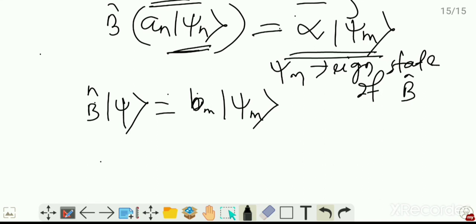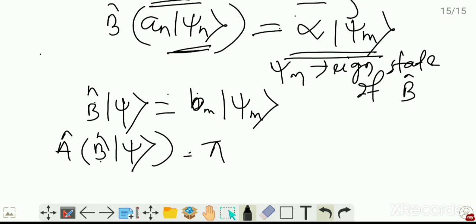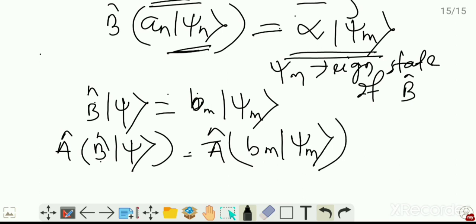And when we again operate a cap on b cap psi, it will operate on bm of psi of m, then it will change it to one of its eigenstates with a different value, that is beta psi of n.